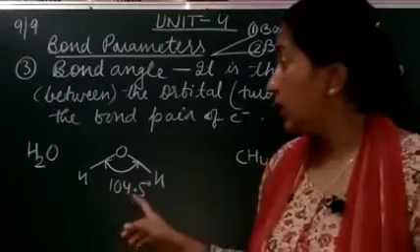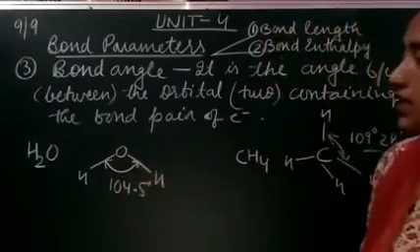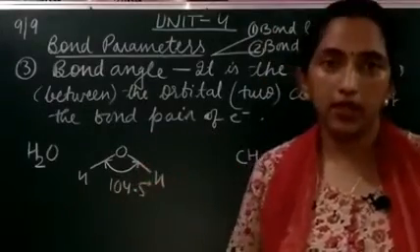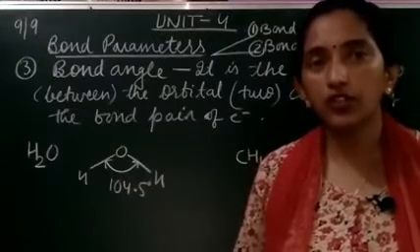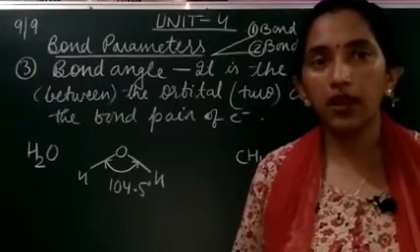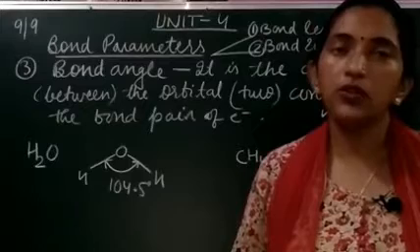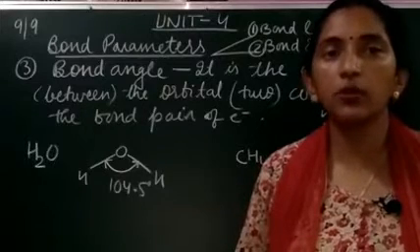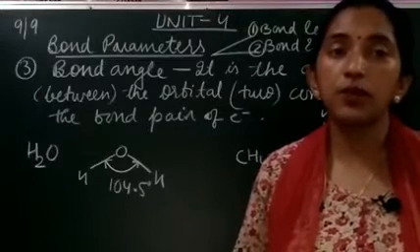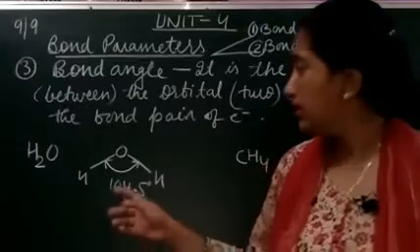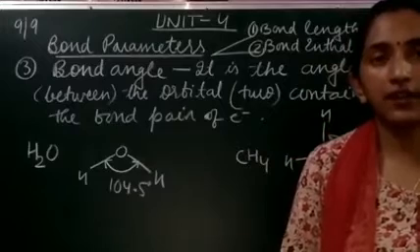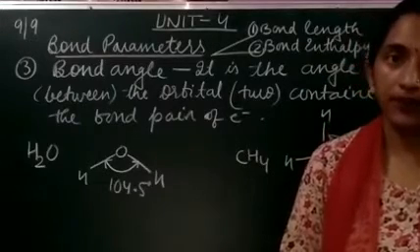For example, in water, the expected geometry of the molecule is tetrahedral because it consists of 4 electron pairs, right? But out of those 4 electron pairs, 2 are bond pairs and 2 are lone pairs. The 2 lone pairs are on the oxygen atom. Due to the repulsion being maximum between lone pair and lone pair, the shape gets distorted from the regular tetrahedral geometry to a V shape or bent shape. Right students? So the presence of lone pairs around the central atom affects the bond angle.